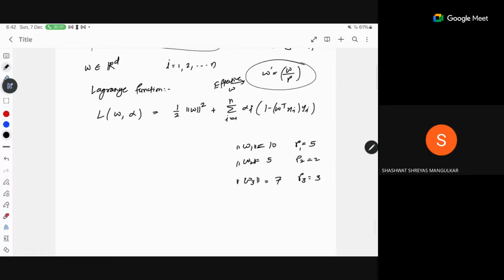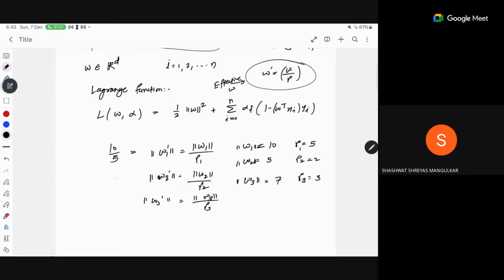So then what we are taking is not this separately, we are taking W1 effective, right? So W1 effective is equal to length of W1 divided by gamma 1. W2 effective equal to length of W2 by gamma 2. W3 effective equals length of W3 by gamma 3.